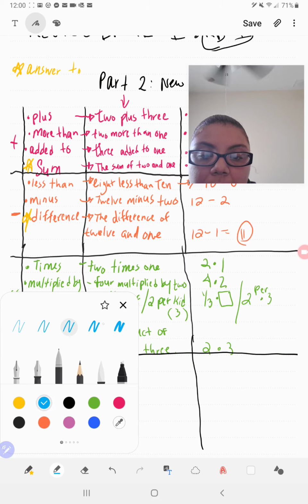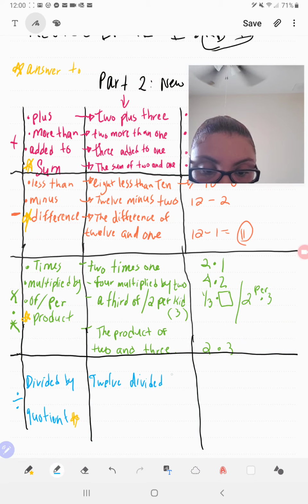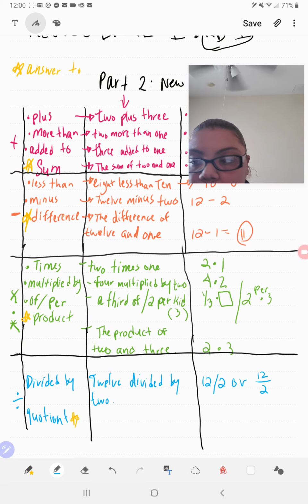So we've got 12 divided by 2. So 12, not divided by, we're not doing that anymore. Divided by 2, or 12 over 2. It's also division.